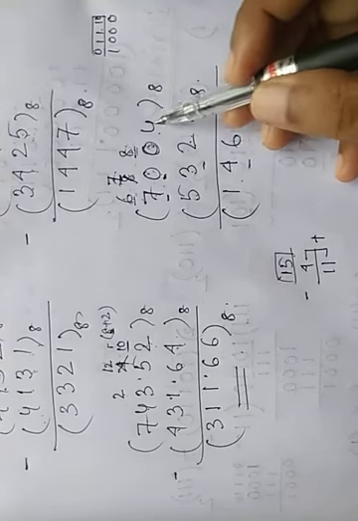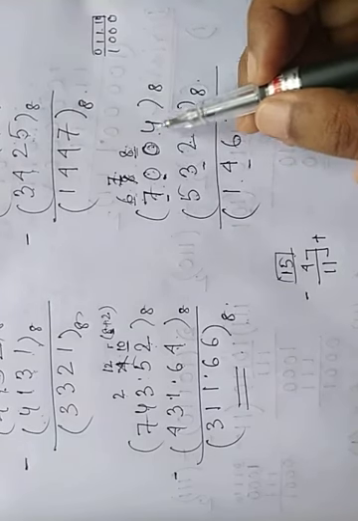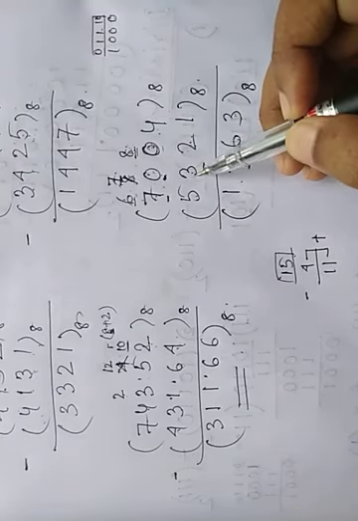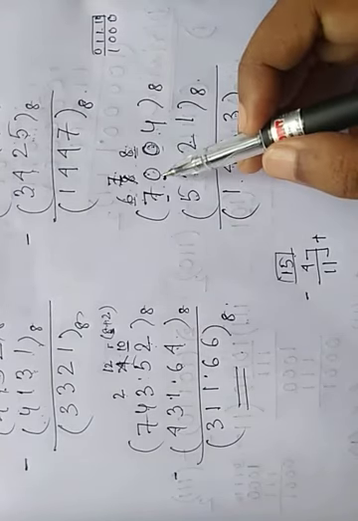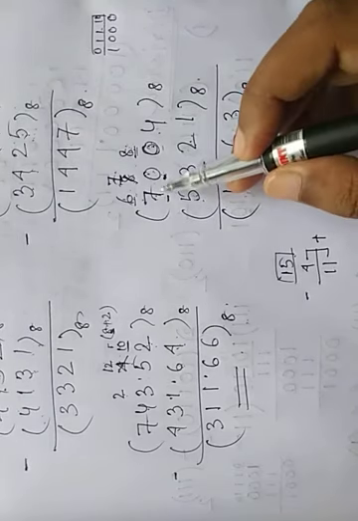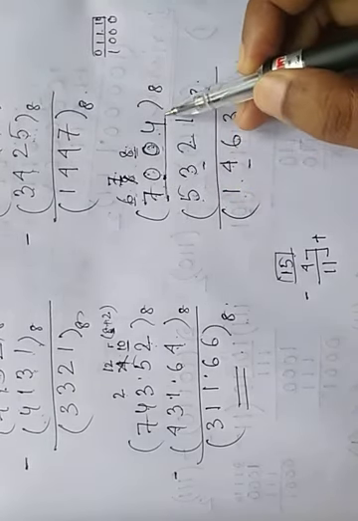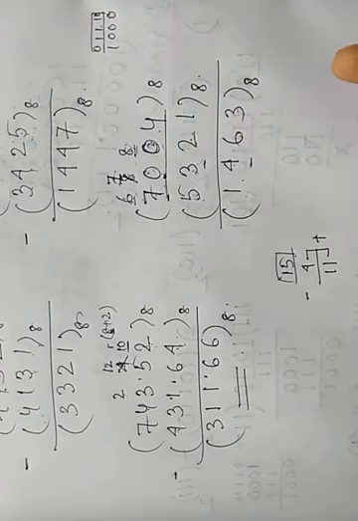You see, 3 plus 1 is 4, 6 plus 2 is 8. 8 is not an octal digit, so 8 minus 8 is 0 and 1 goes here. 4 plus 3 plus 1 is 8. 8 minus 8 is 0. So 1 goes here. 5 plus 1 is 6, plus 1, 7. We get this number. So it is very easy to check whether the octal subtraction is correct or not. Clear?